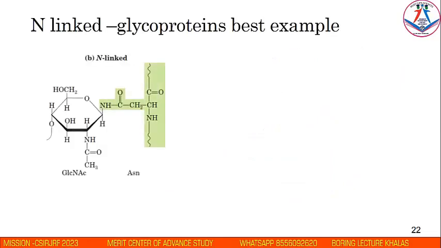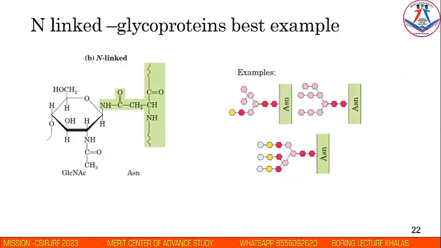N-linked glycoproteins. Glycoproteins are the best example of N-linked sugar. You can see the two terms, glyco and proteins. What do you mean by glycoproteins? Any idea? Glyco means glucose, sugar.